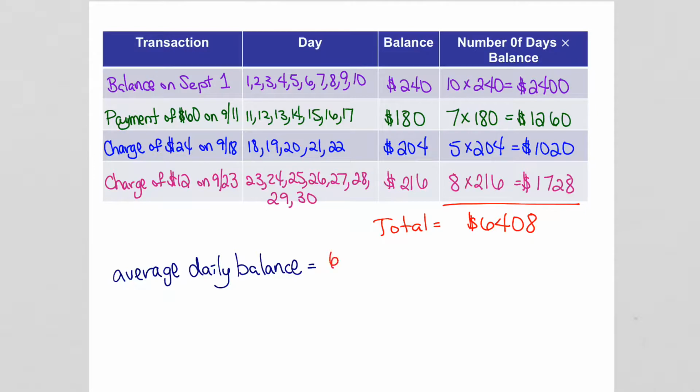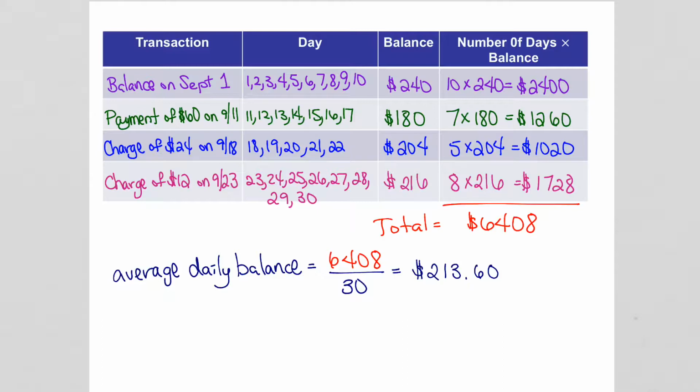So 6,408 divided by the number of days in the month, 30. So your average daily balance was $213.60.